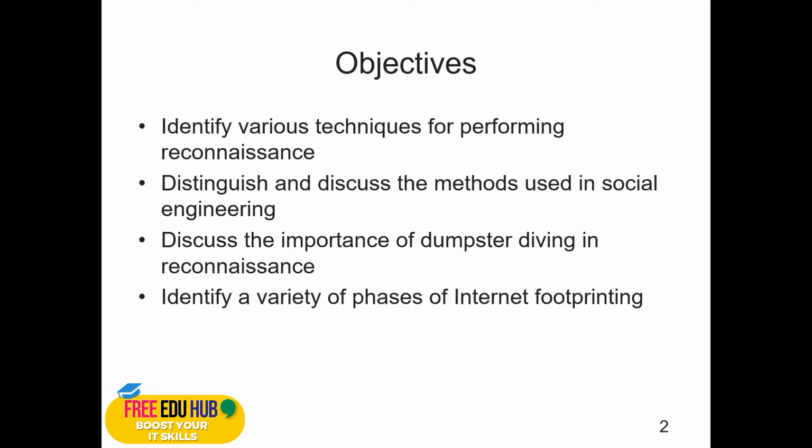Identify a variety of phases of internet footprinting. What things do you leave behind when you are browsing the internet? Now you know there are cookies on computers, and cookies track your likes, dislikes, interests, and the demographics of an individual.